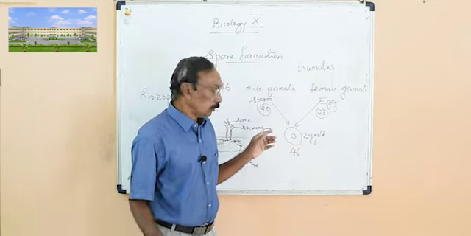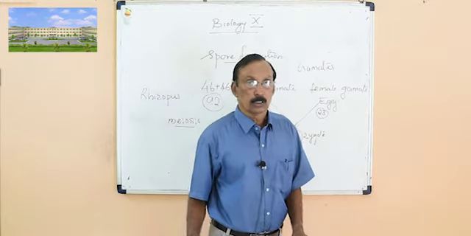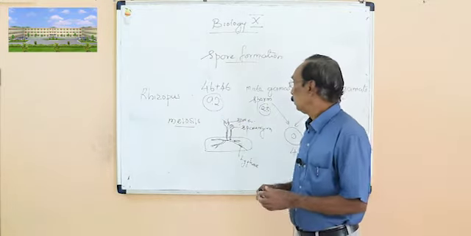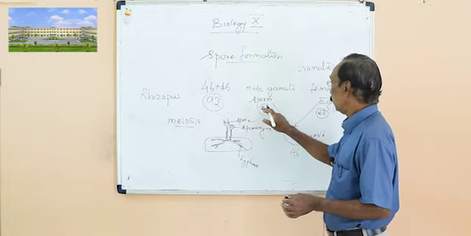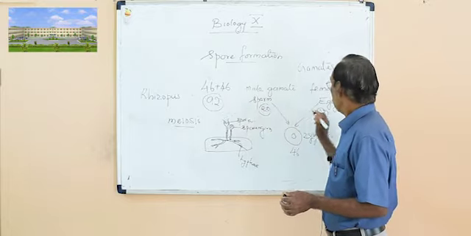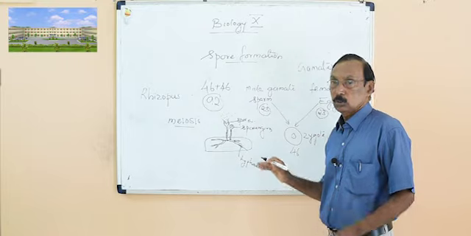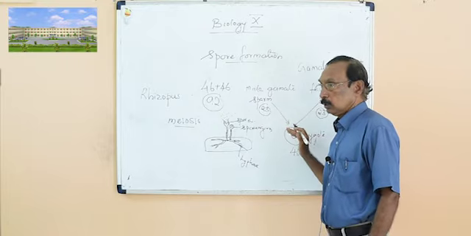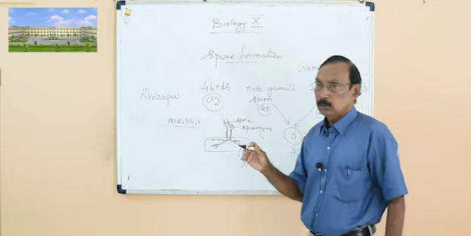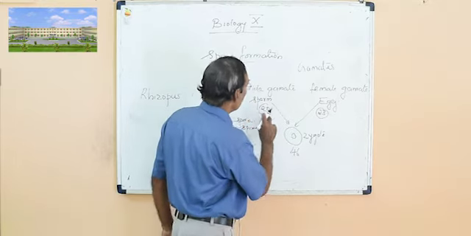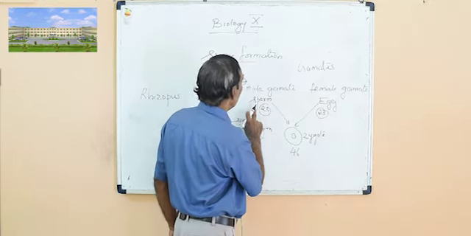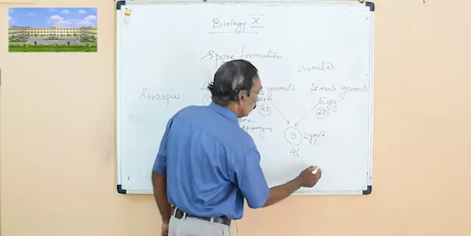One of these gametes is moving. The other one is storing food material, and you know which one is moving. The sperm, the male gamete, can move through the fluid, which you will study later.